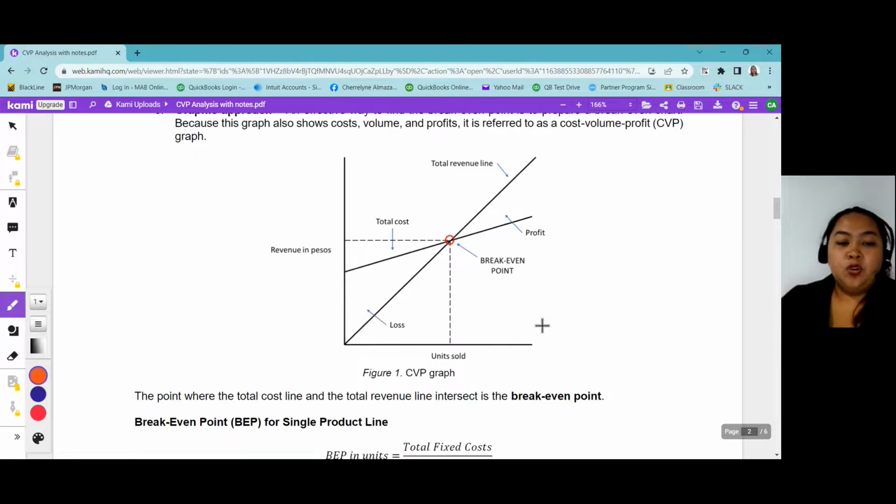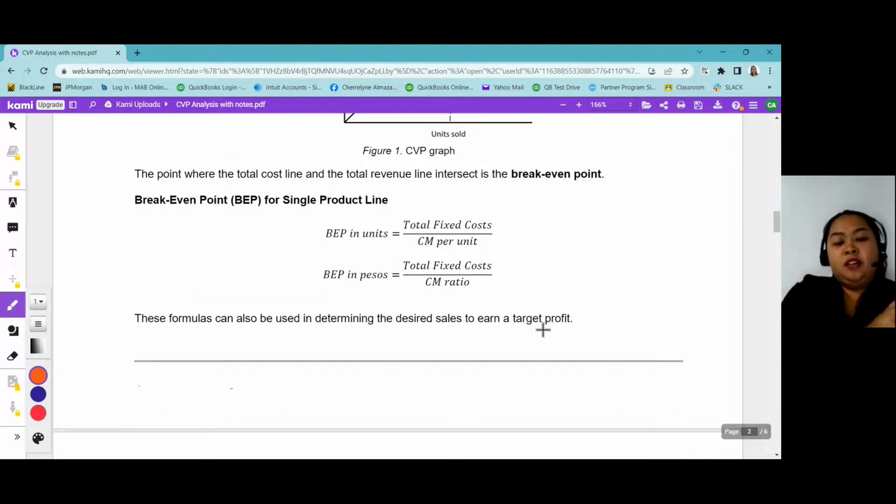Okay? To compute for the break-even point, pwede nating gamitin yung CM approach. To compute for the break-even point in units, ibig sabihin, ano ba yung target sales natin bago tayo makapag-generate ng profit. Okay? So, anong purpose ng break-even point ba?